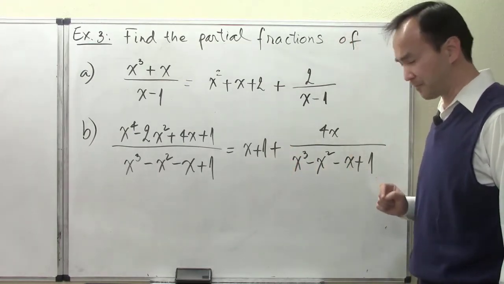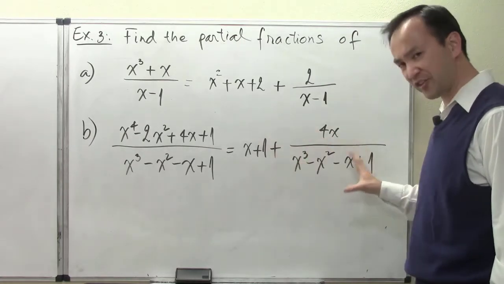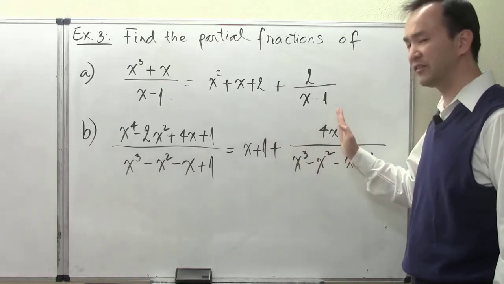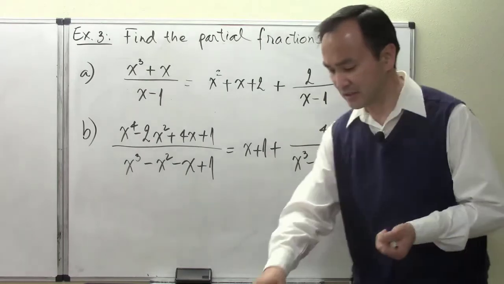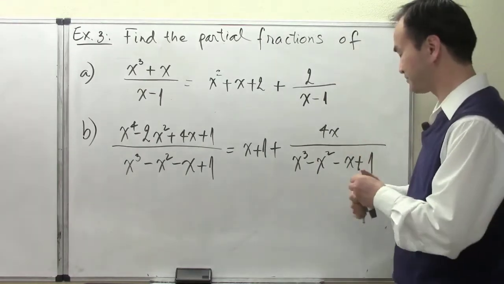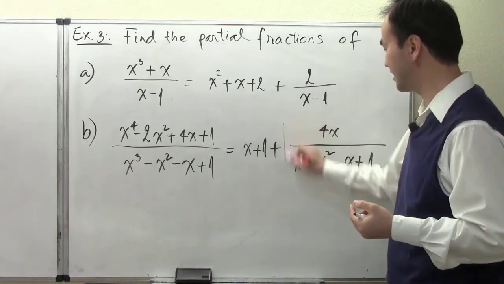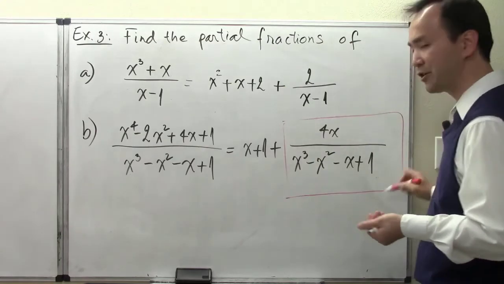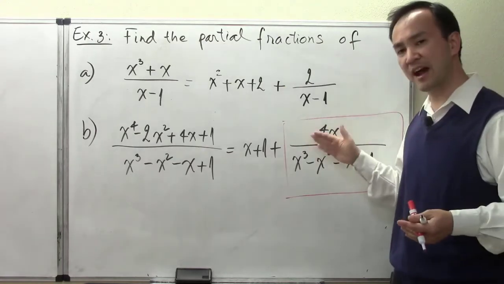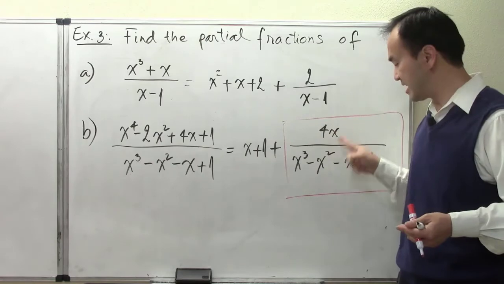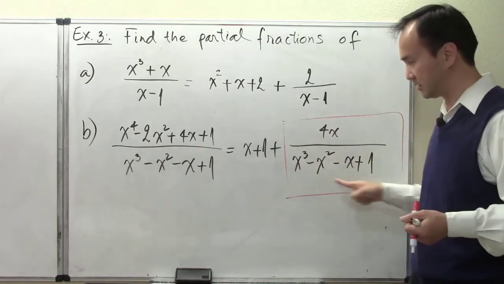But here's the thing. I call these the partial fractions, but we can actually have a closer look at this final little fraction that came out from the remainder of the long division, putting that over the whole denominator.